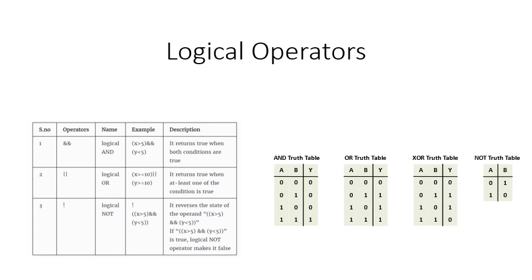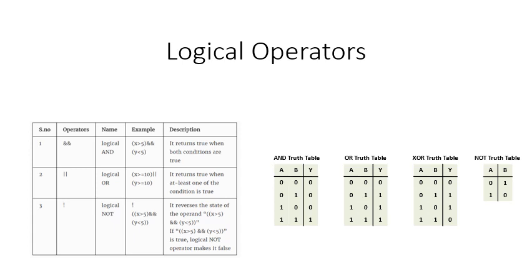For the logical and, it returns a true when both conditions are true. So for example, if x is greater than 5 and y is less than 5, that will return a 1 if indeed x is greater than 5 and y is less than 5. And then your logical or will return a true when at least one of the conditions is true.